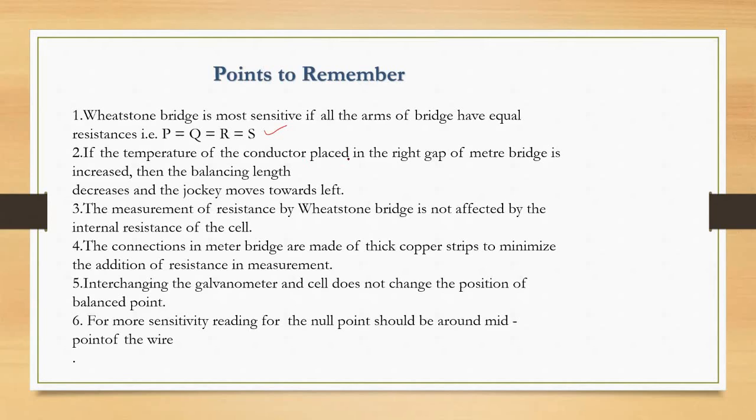And if the temperature of the conductor placed in the right gap of the meter bridge is increased, then the balancing length decreases and the jockey moves towards the left, meaning you get the balance position at a shorter distance towards the left side. The measurement of resistance by Wheatstone bridge is not affected by the internal resistance of the cell. Internal resistance is not going to affect any resistance. Then the connections over here are made up of thick copper strips.